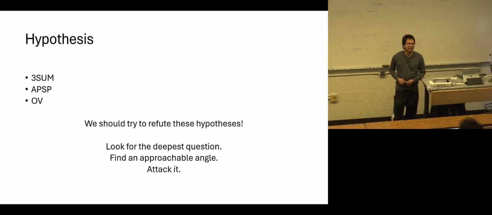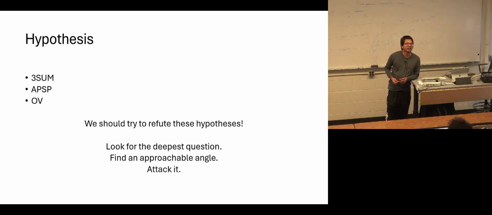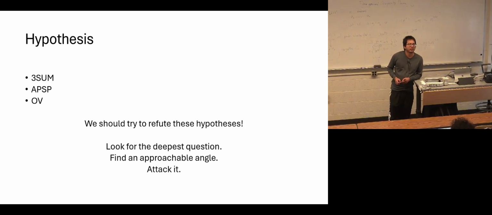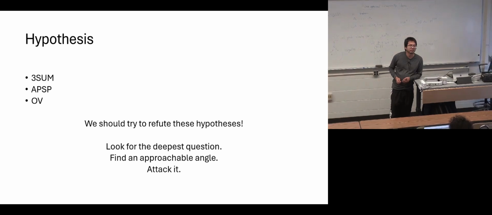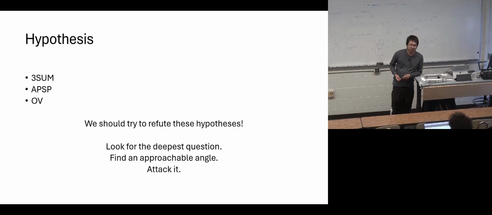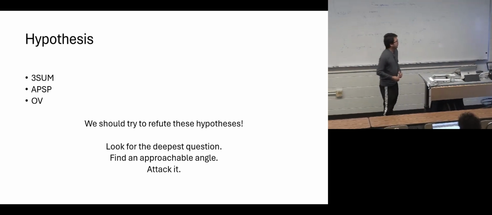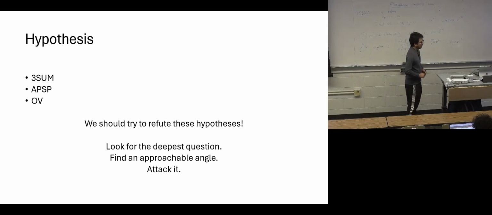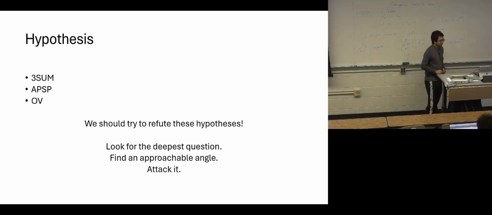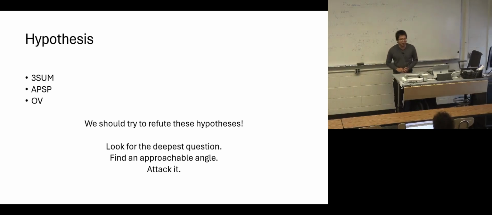When you say people assume these problems are hard, I'm wondering which way you mean: hard as in it's impossible to get better than n squared, or hard as in it's hard to make research progress? Which one are people thinking? Right now, I think it's both.